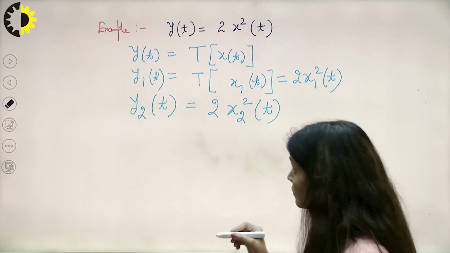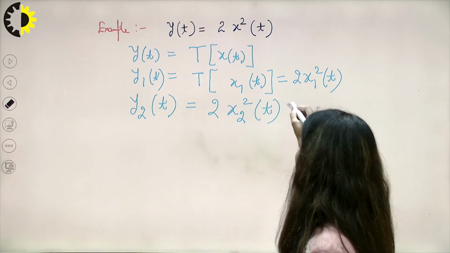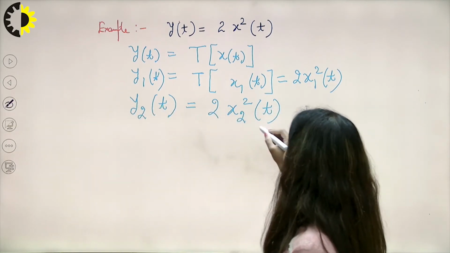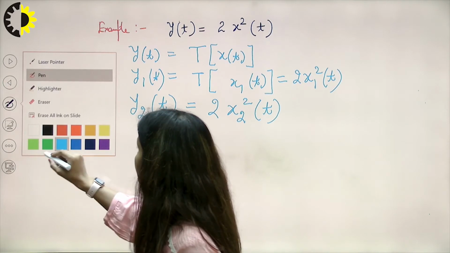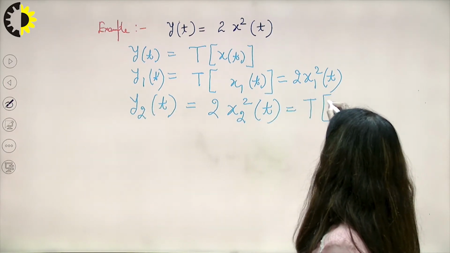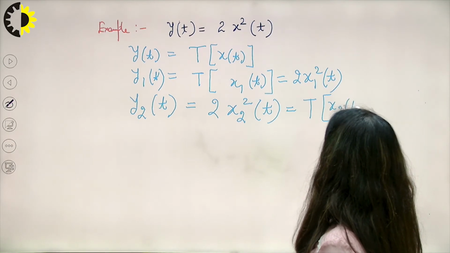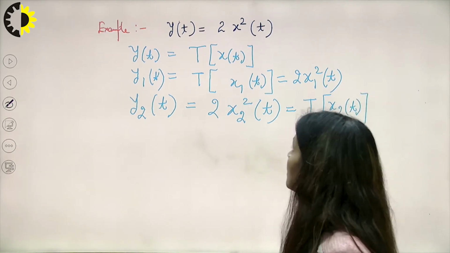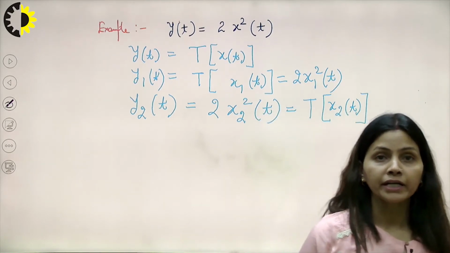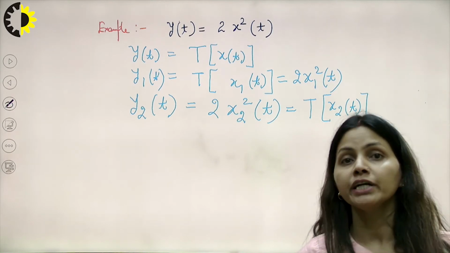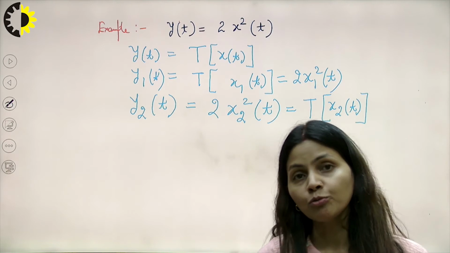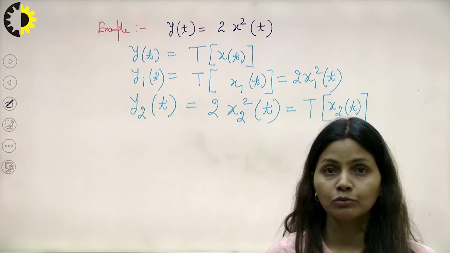We understand by a simple point that whenever I give x1(t) as input, it gets multiplied by 2 and squared also.